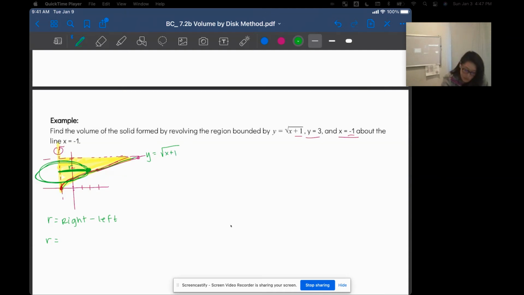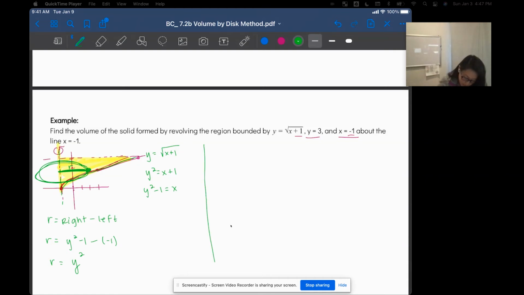So I need to get this in terms of y. So I get y squared is equal to x plus 1. So I get y squared minus 1 is equal to x. Yep, so our right curve is y squared minus 1 minus, and this time our left curve is x is equal to -1. So I'm going to subtract -1. So when I simplify, the radius is equal to just y squared.